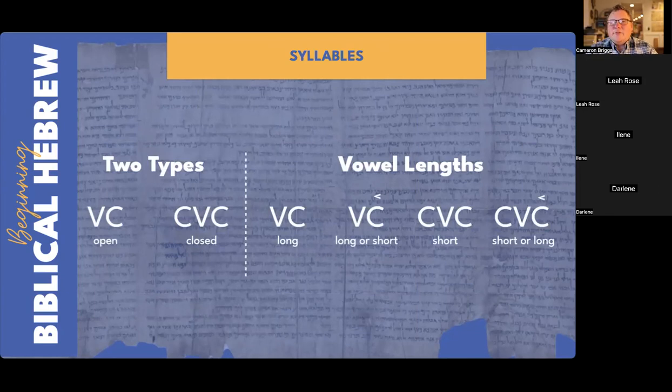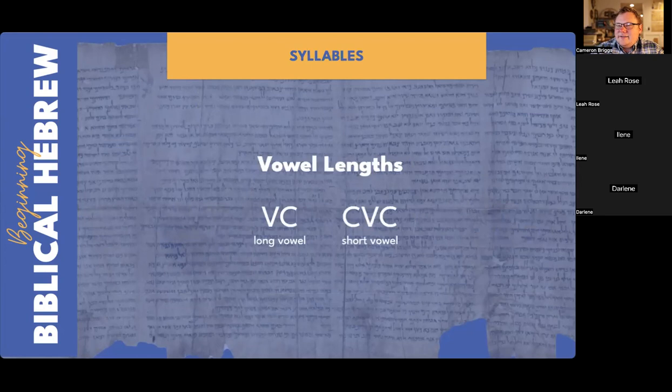So here's how they interact with syllables. Remember, we've got two types of syllables. We've got open syllables and we've got closed syllables. Let's skip that slide for a second. So when we have an open syllable, the vowel is always going to be the long version.